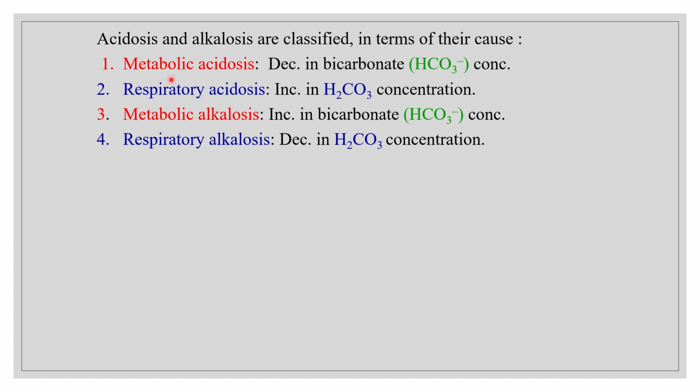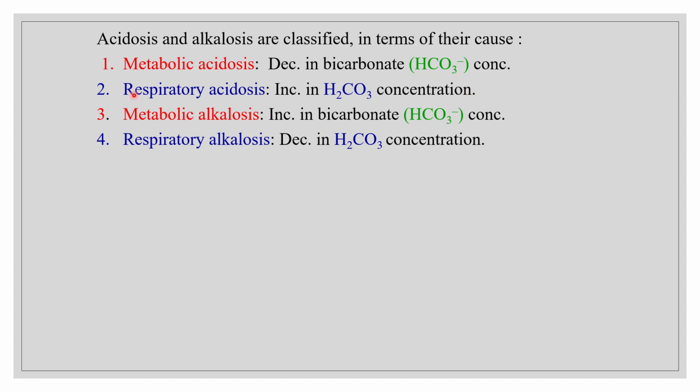So the metabolic conditions, metabolic acidosis or alkalosis, happen when there is a deviation in the level of bicarbonate. That is the conjugate base, or the numerator in the Henderson-Hasselbalch equation. In metabolic acidosis, there is a decrease in the bicarbonate ion, while in metabolic alkalosis, there is an increase in the bicarbonate ion concentration.